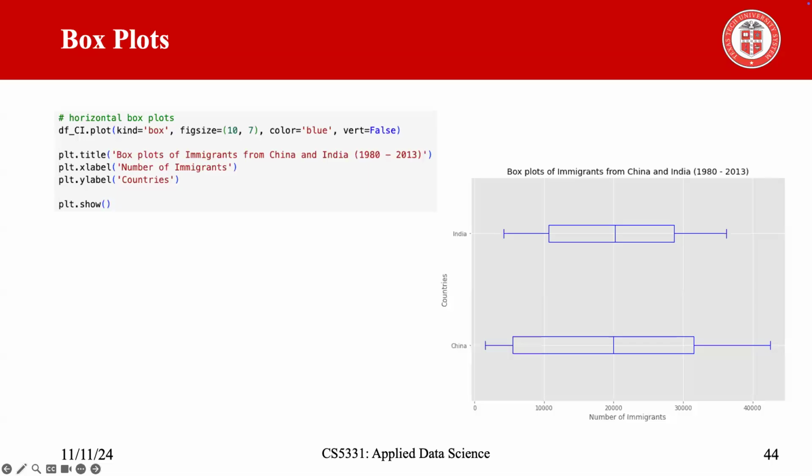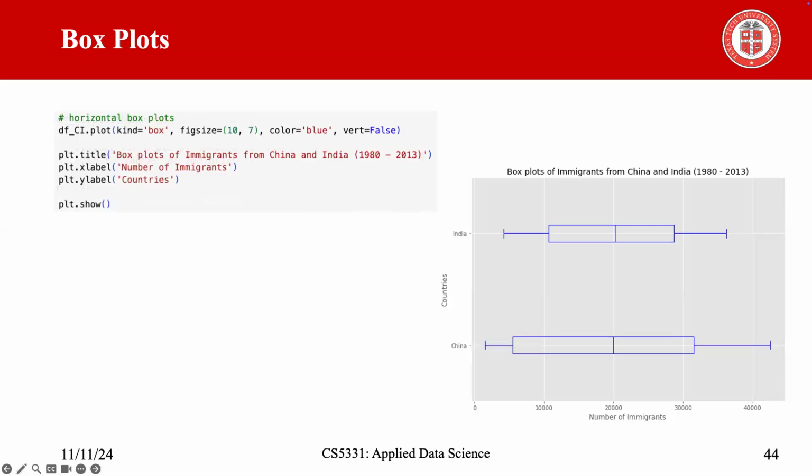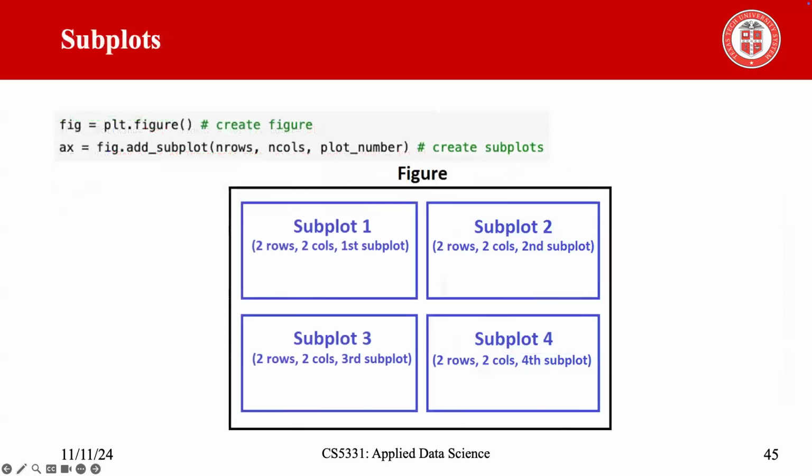In most cases, we will only use the vertical result. But the horizontal one can be useful when the label is very long, and you can put it like this.